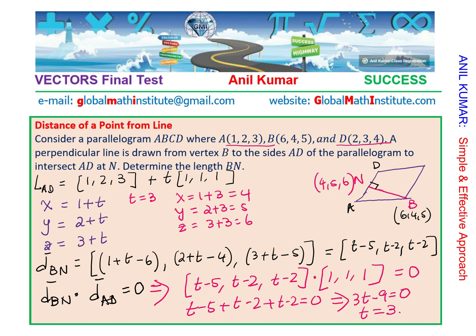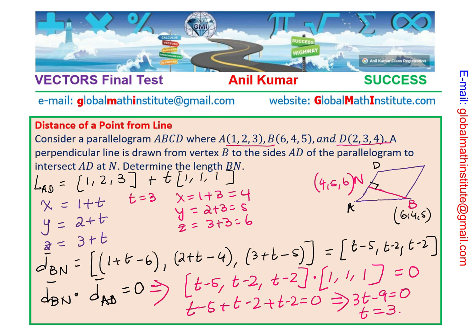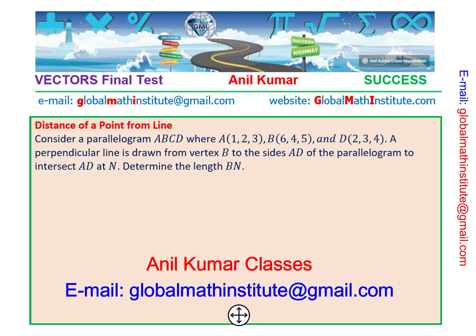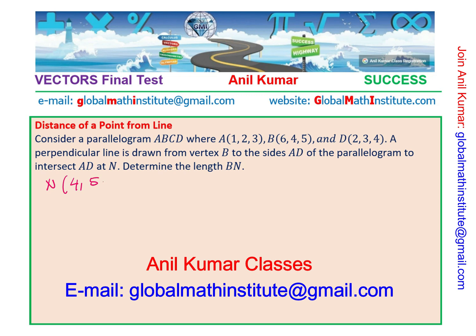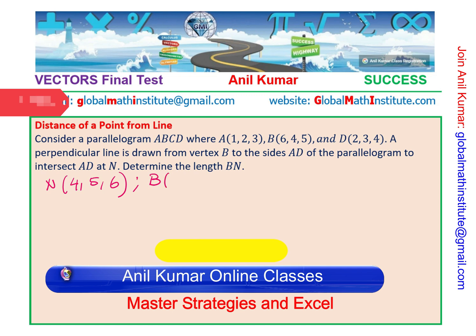Great. So once we have the coordinates of point N also with us, now it is simple to find the distance B to N. But you see, we have to do all these steps. Perfect. So now let's find the distance B to N. We now know that the coordinates of N are (4, 5, 6), and given to us are the coordinates of B as (6, 4, 5).